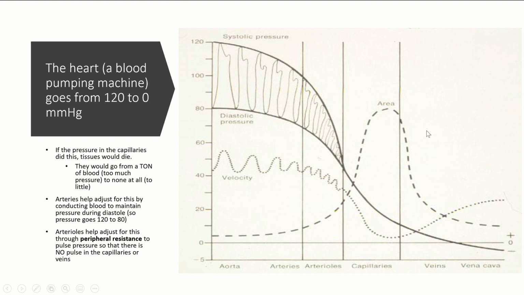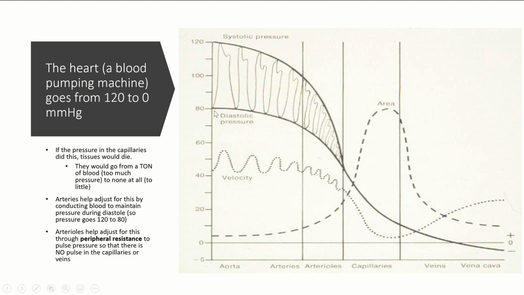Okay. So this is that diagram that talks about how your blood vessels progress throughout your system. It can get kind of complicated, so I'll try to dumb it down a little bit. Basically how it works is your heart is a blood pumping machine, right? Your heart is on and then it's off. It's on and then it's off. So it creates this enormous amount of pressure, 120 millimeters of mercury.